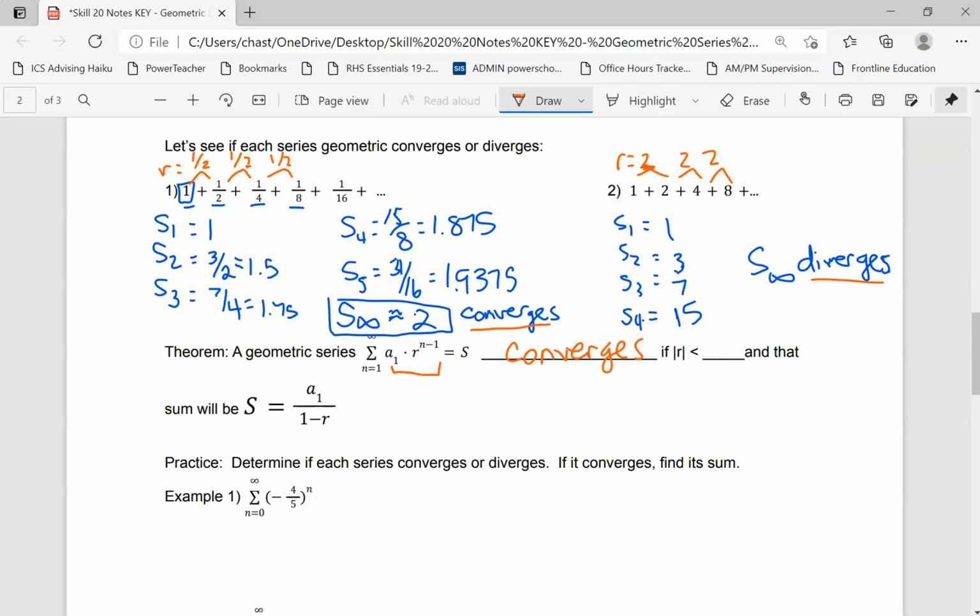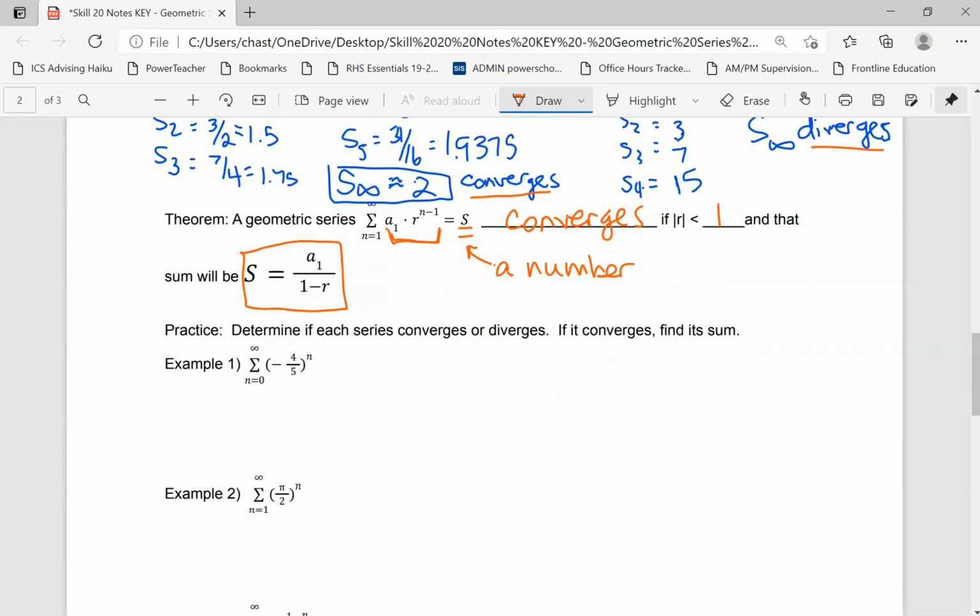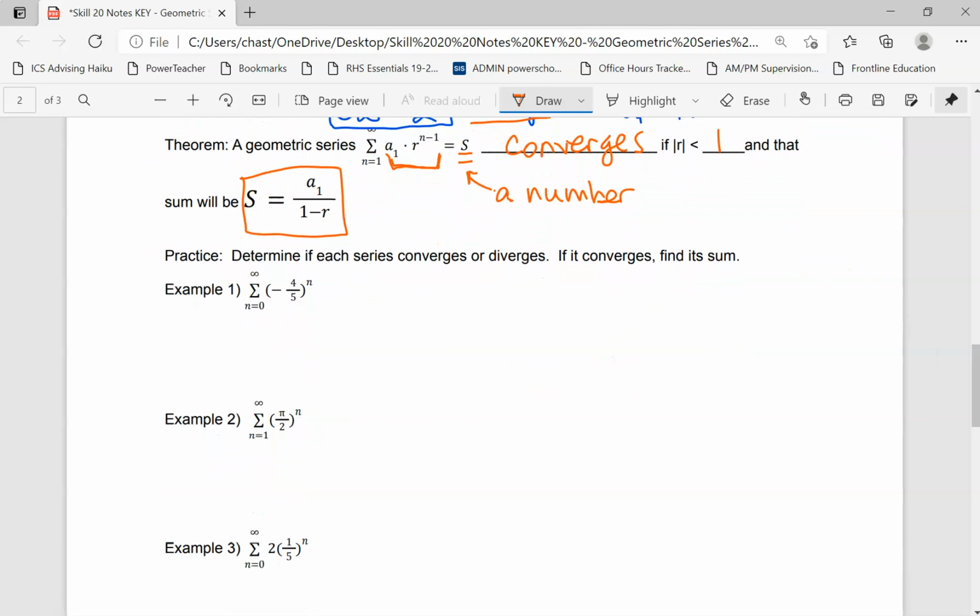So if we add up all these terms of a geometric sequence and we get some finite value S, S is just a number. If this is true, then we say that the series converges, and that's going to happen when the absolute value of R is less than 1, and the sum will be this. Okay? So let's go ahead and take a look at some examples here.